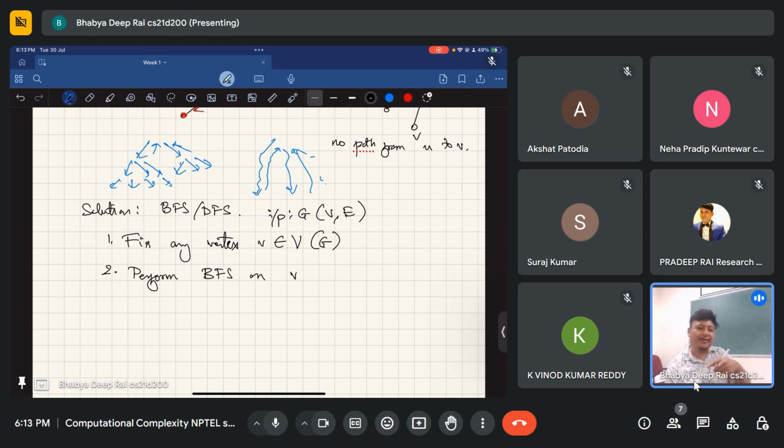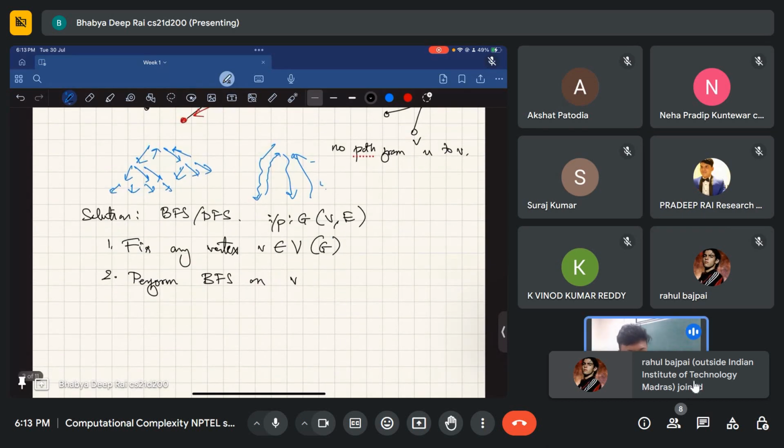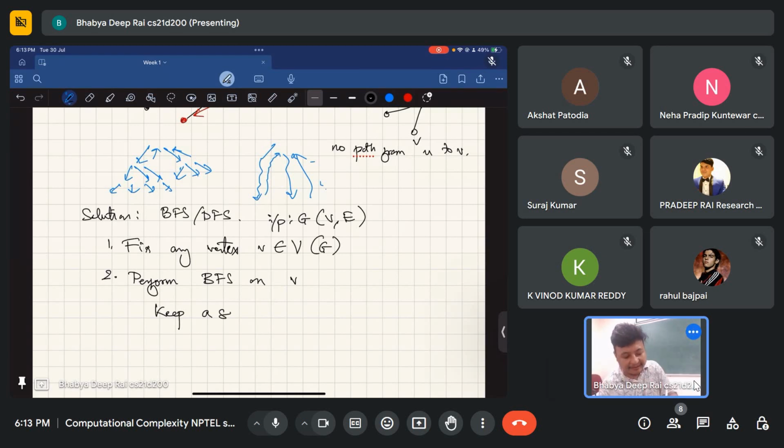Now I don't perform a simple BFS. I modify the BFS algorithm so that I can check for connected components also. How do I do that? I keep a set S of all visited nodes.